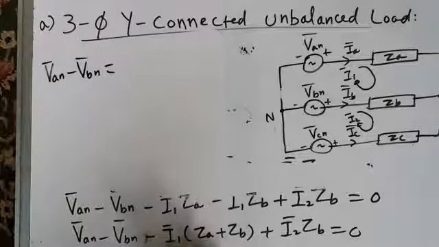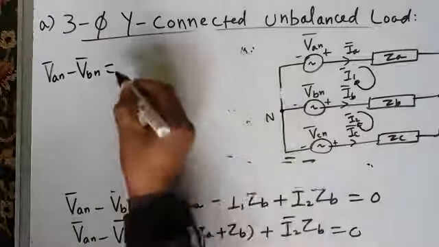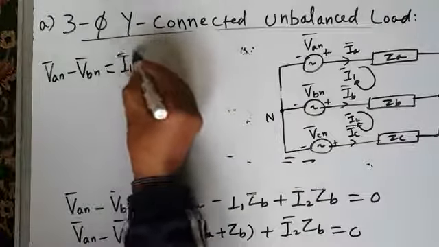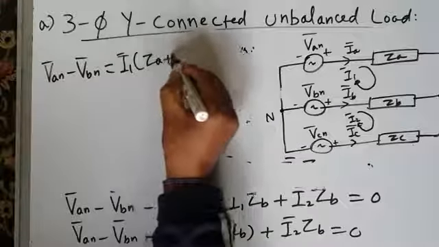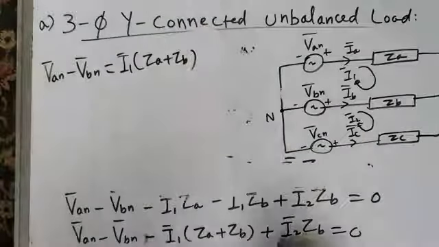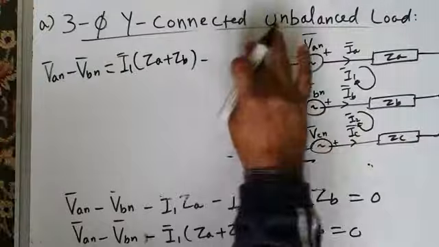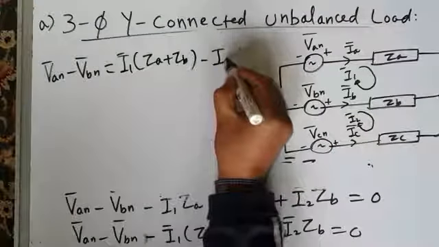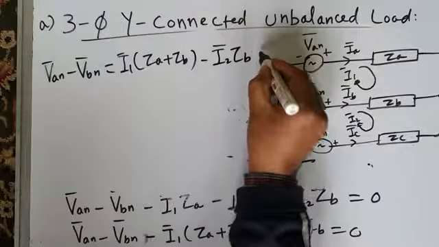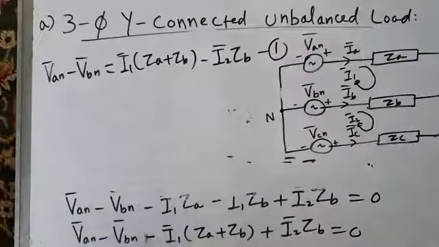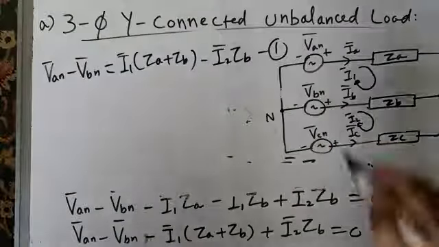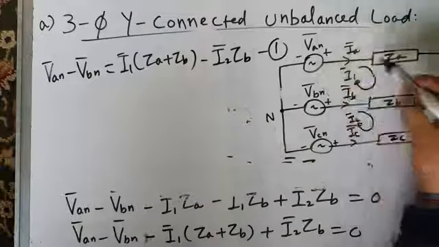When shifted to the right hand side, it will become plus I1 times ZA plus ZB minus I2 ZB. Let me call this equation 1. Okay, so I have applied KVL in this mesh.